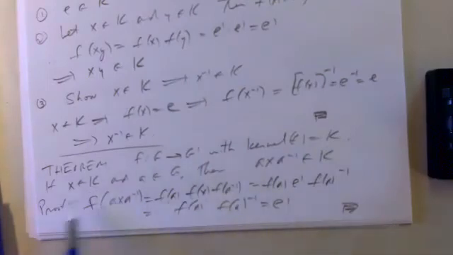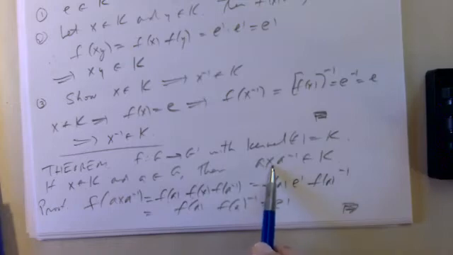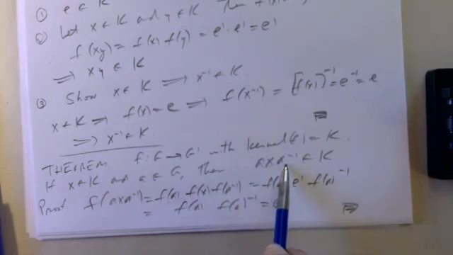So the kernel also has this property: if you take any element in the kernel and you multiply it on the left by a and on the right by a inverse, for any a in the group, you still stay inside the kernel.